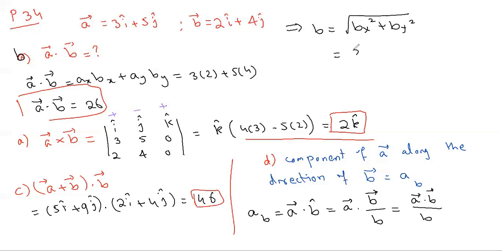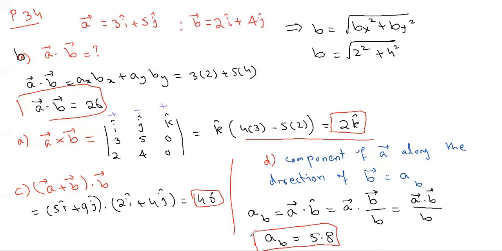So that is 2 square plus 4 square. Just simplify it and you will get the answer of the vector B. So by putting this value in this equation, we will get AB equals 5.8, whatever the units are given in the problem. So this is how you find the component of A along the direction of B. So this is what was given in the problem.